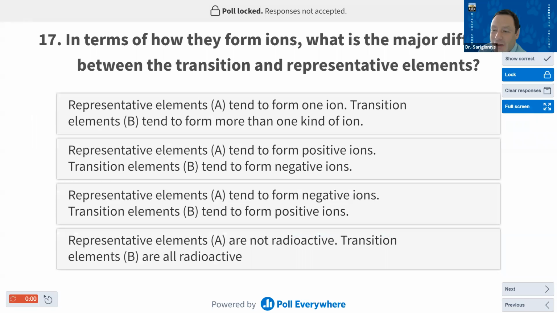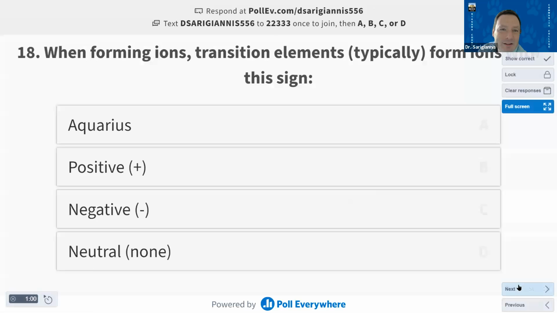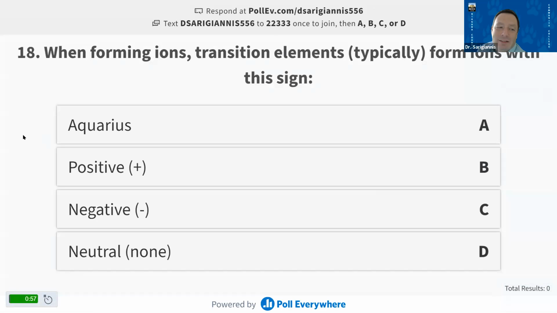Since we got some time here, on to the next one. When forming ions, transition elements typically form ions with this sign. Remember, transition elements are the ones we just talked about as being group B. What sign do they typically form: positive, negative, neutral, or Aquarius?